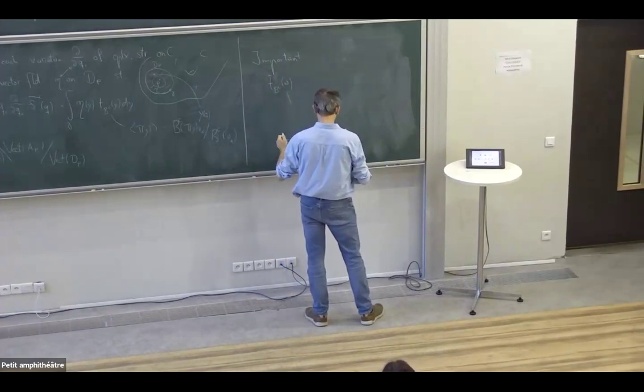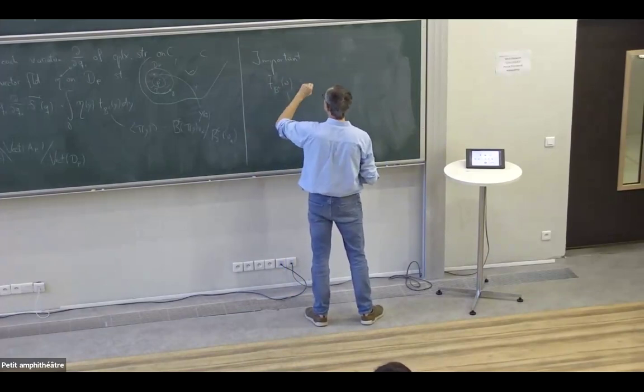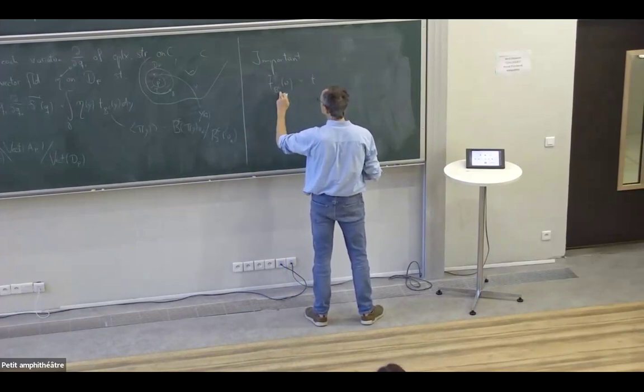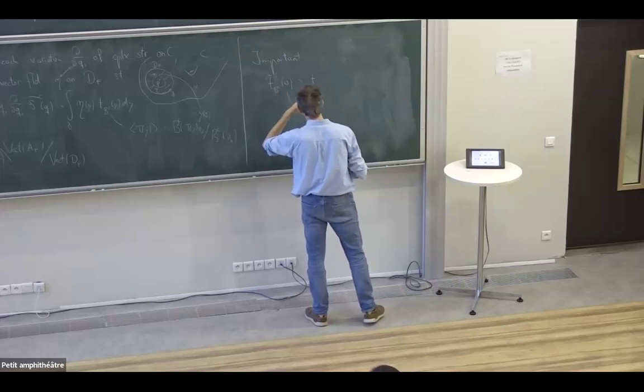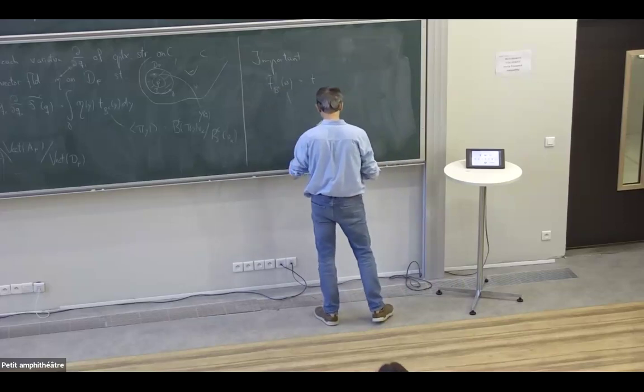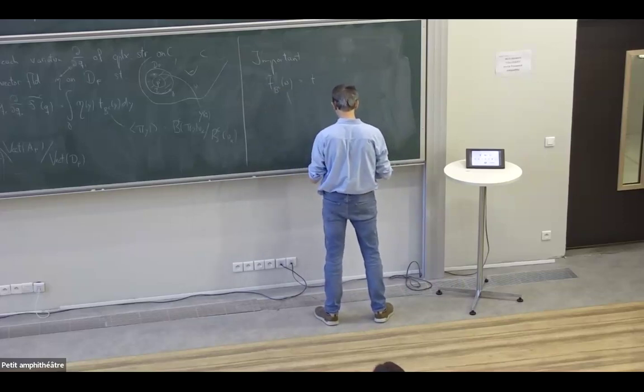If this is another coordinate, then I want to describe how these functions, locally defined, of course, change under changes of the local coordinates on the Riemann surface.